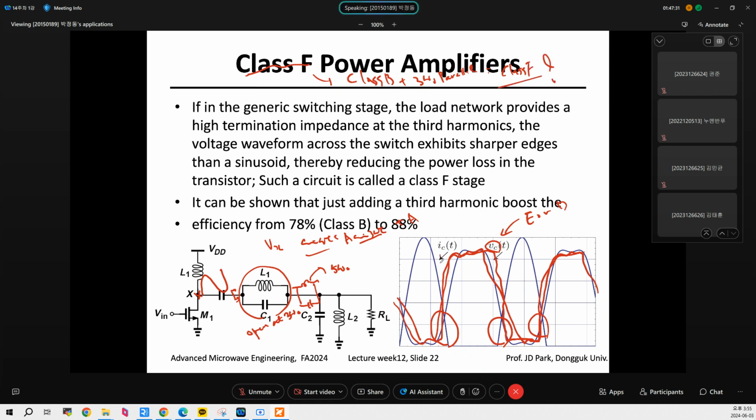So if you really want to implement high efficiency with the simplest approach, you just add this parallel network in series with your load, then it's done. Okay, 10% of improvement. Great, right? Make sense?